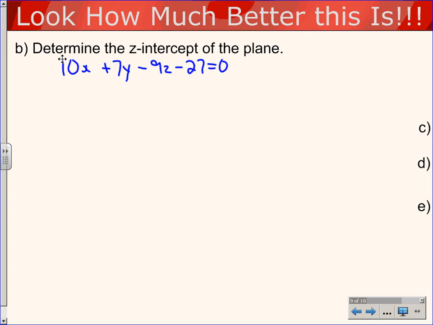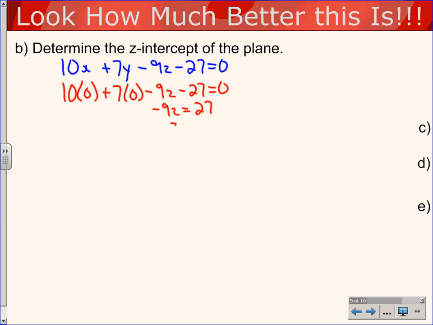And those first two just disappear. So we get minus 9z equals 27, and z equals minus 3. And I'm probably even showing more steps than we need to. So that takes 15 seconds now to get that z-intercept. Whereas yesterday, when we did that problem, you had to do a complete substitution or elimination problem using those parametric equations, and then still sub it back in again.